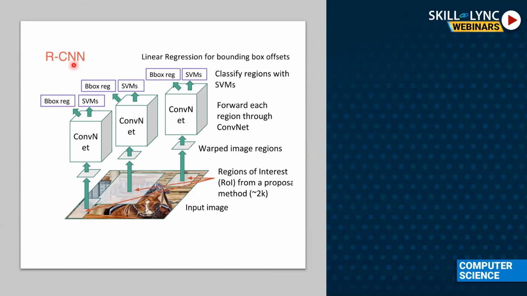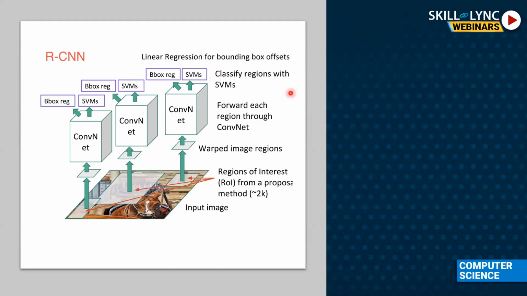So using bounding box regression, we can eliminate this gray part of the box and only select the white part that is needed for us. With linear regression for the bounding box offset, we can calculate which part of the box has the object and which part does not.